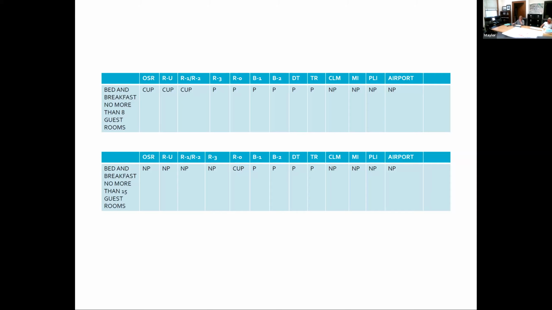The larger bed and breakfasts would be a conditional use permit in our most dense residential district, and the smaller of the two would be an allowed outright use in the more dense residential district. Across the board, they would be allowed in the commercial districts in the downtown, and would not be permitted in our industrial zoning districts, the public lands institutional district, or the airport.